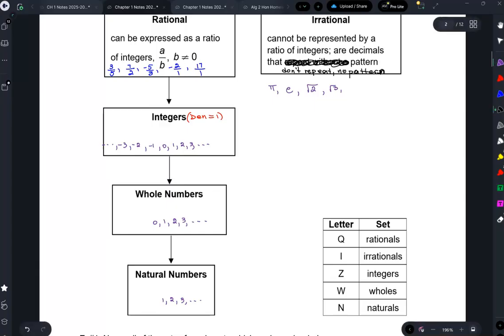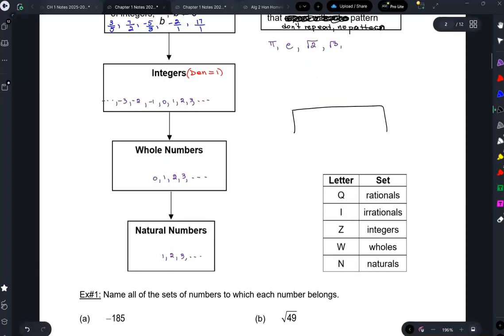So now, if I have something like this, is this rational or irrational? Rational. If I have something like this, what do you think? Also rational because there is a pattern, right?